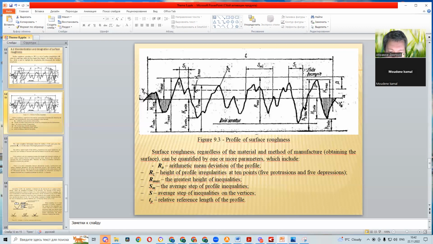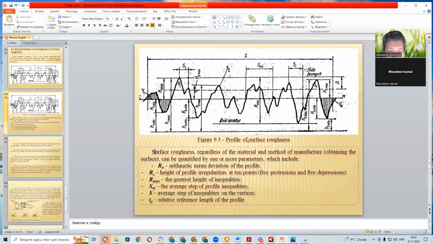Sm, the average step of profile inequalities. S, average step of inequalities on the vertices. Tp, relative reference length of the profile.